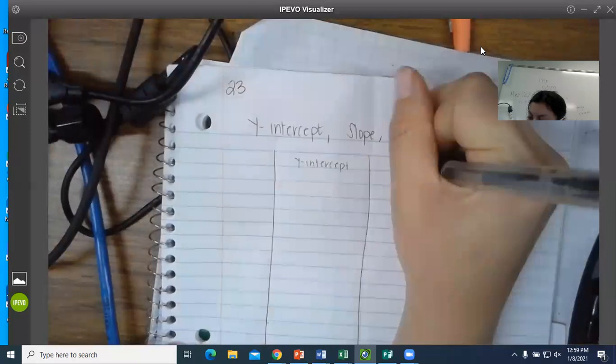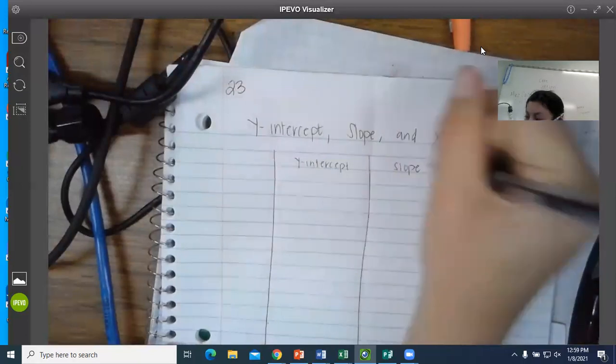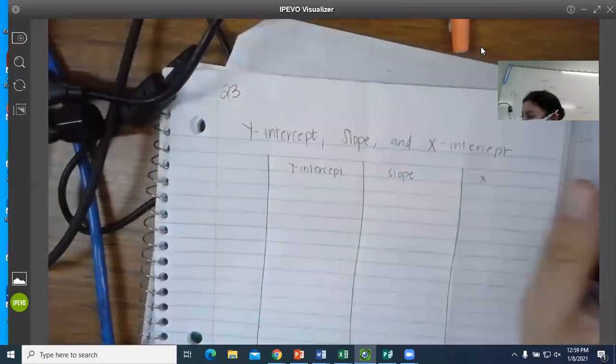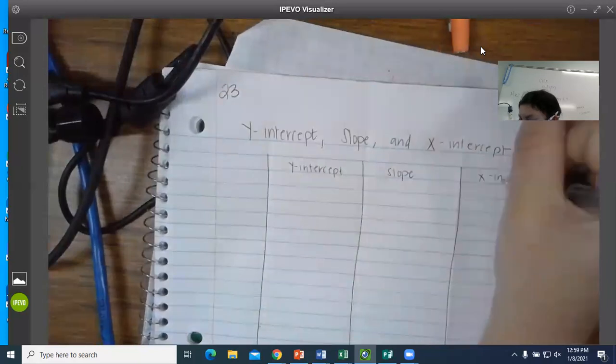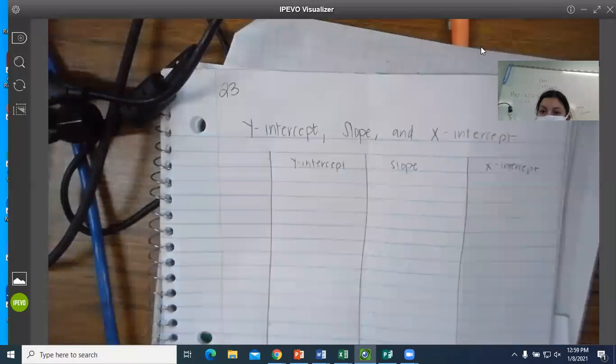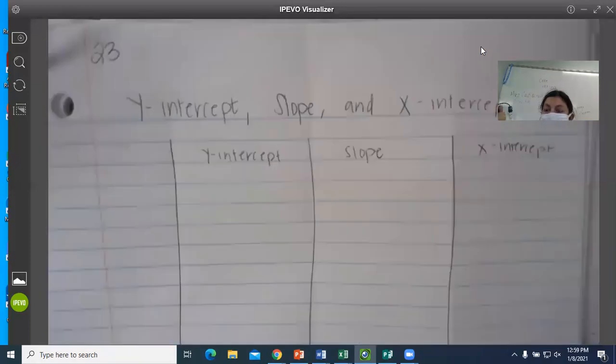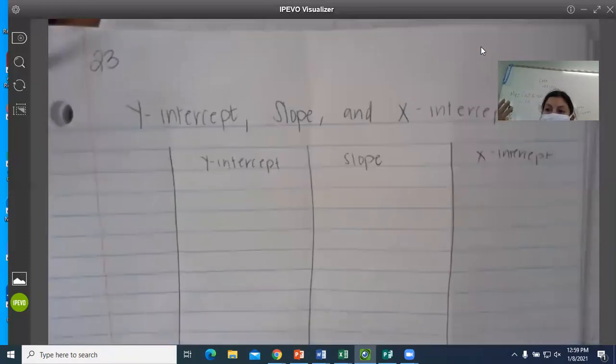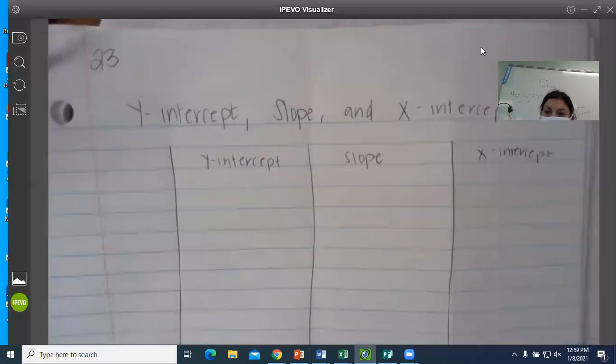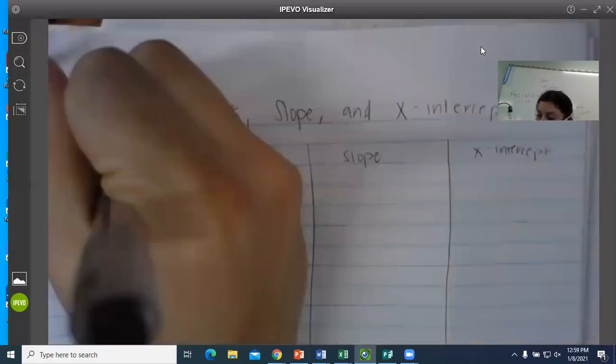We have the slope and the X-intercept. So I'm going to tell you what they are, and then we're going to talk about how do you get them from a table, an equation, and a graph.